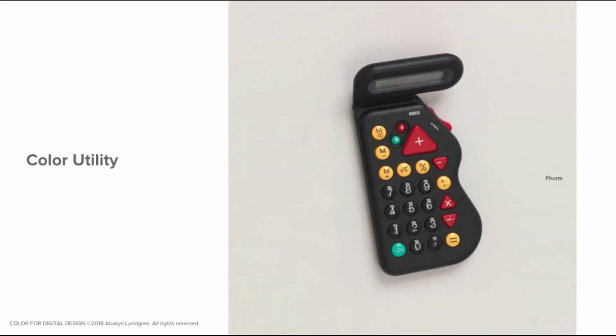This is a calculator, and it is an ergonomically designed calculator. It has a black ground, and then the various functions are sorted and categorized with color. So this is a functional application of color to a device.